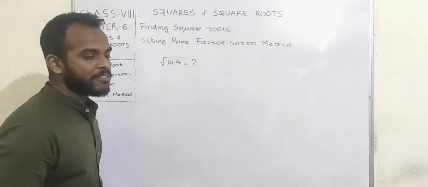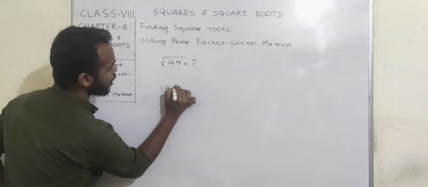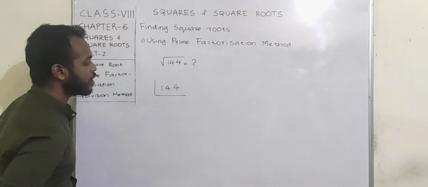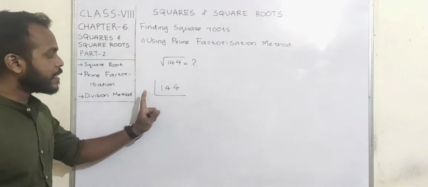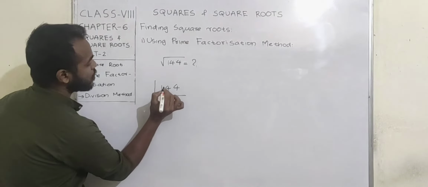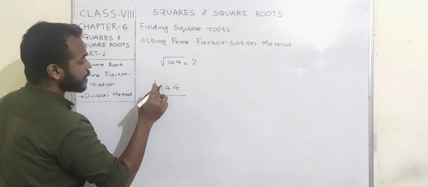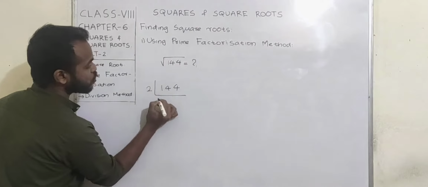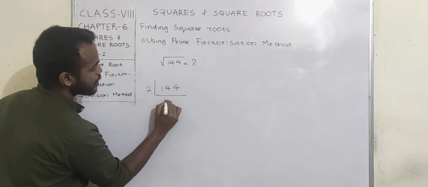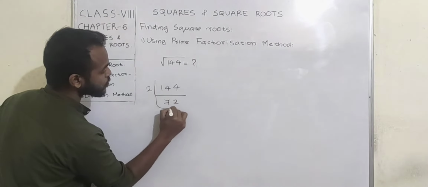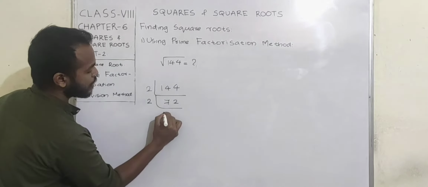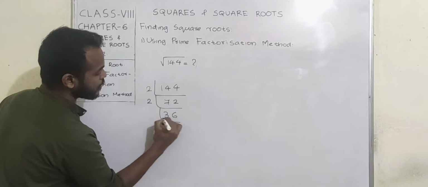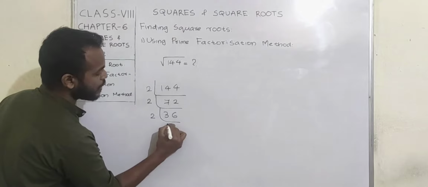As the name suggests, prime factorization. We all have been seeing how prime factorization works. What is the least prime number that divides 144? It is 2. Then it will give us 72. Then again with 2, 36. Then again with 2, 18.